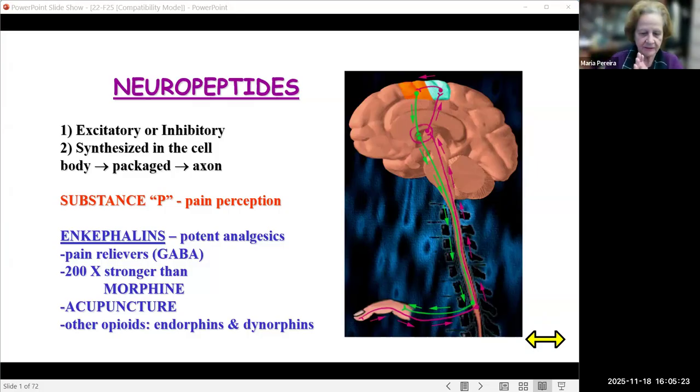Let's start. Okay, so what we're going to do today, we're going to continue with the different types of neurotransmitters. And going to talk about circuits, because everything up to now has been very simple, like from one presynaptic neuron to another postsynaptic neuron.